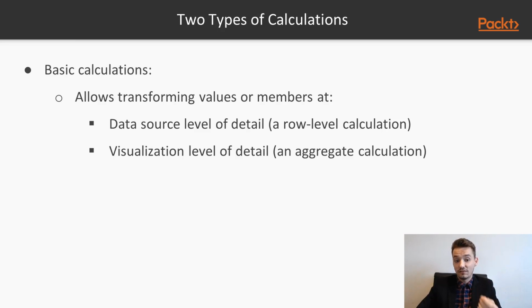Types of calculations. There are two main types of calculations you can use to create a calculated field in Tableau. Basic calculations. Basic calculations allow you to transform values or members at the data source level of detail, a row level calculation, or at the visualization level of detail, an aggregate calculation.